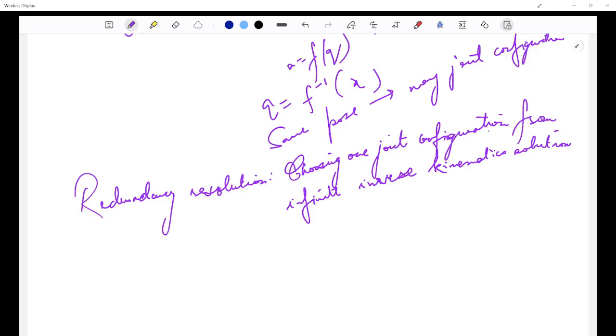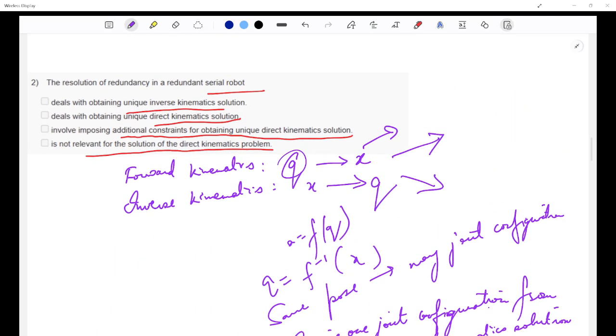Okay, so here the first option deals with obtaining a unique inverse kinematic solution. This is exactly what redundancy resolution does. Since inverse kinematics has infinite solutions, we add criteria to choose one solution.